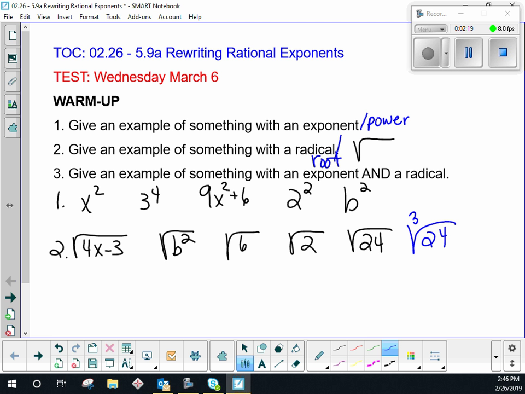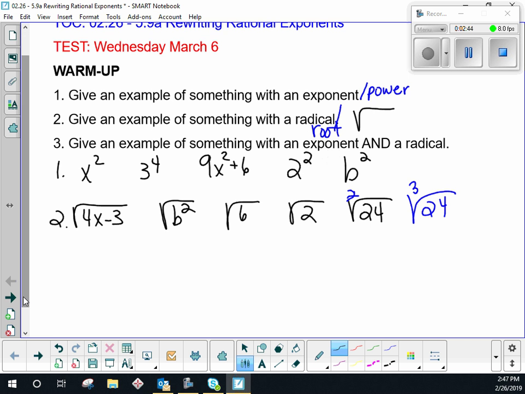The cube root of 24, okay? So if there's no number written, we know it's square root, okay? And that's the only time, if it's not written, it's always implied that it's a 2 right there. So if nothing's written, we understand that it's 2. And the reason why we don't have to write it is it's such a common root that we're tired of writing the 2. We're just not going to write it.